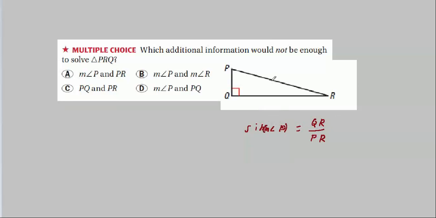We've got a hypotenuse and a leg. There's several ways we could find this here. We could use our tangent, since we've got angle P, which would be our opposite over this. We could also use Pythagoras' theorem. So what I'm trying to say is, if we've got one side and the angle, we can find another side.